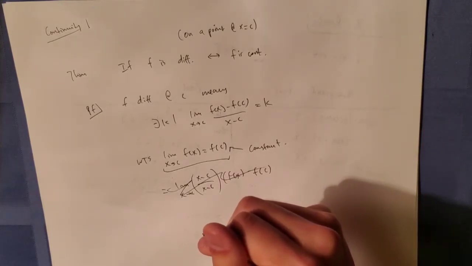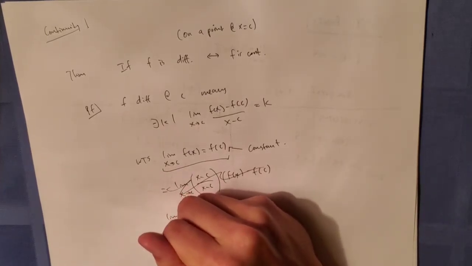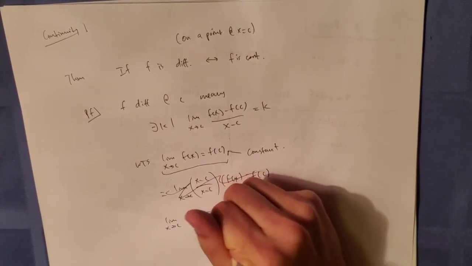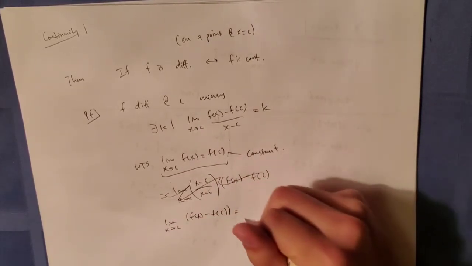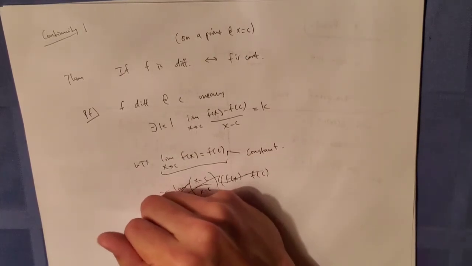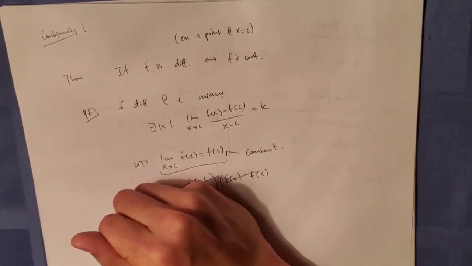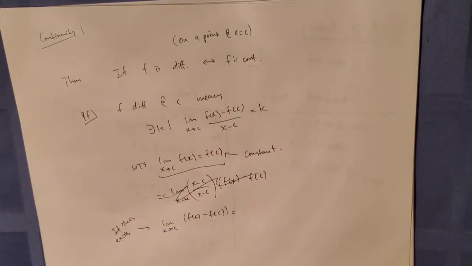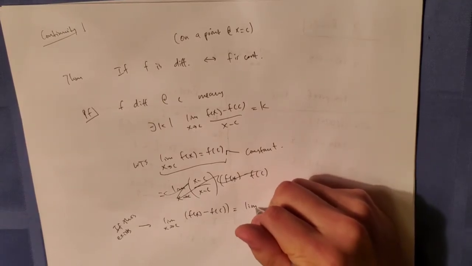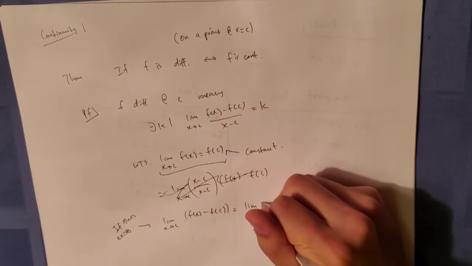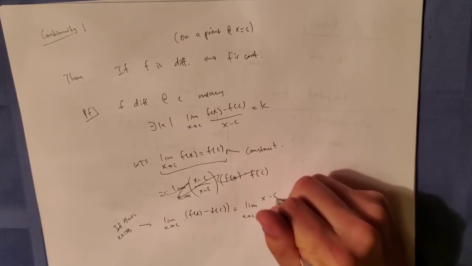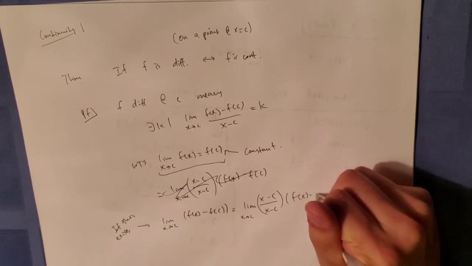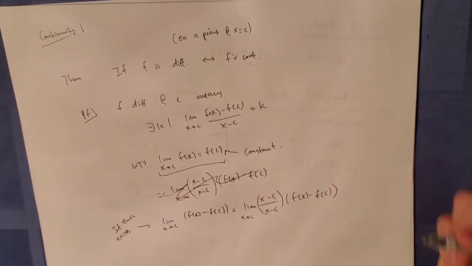We know that the limit as x approaches c of f of x minus f of c equals, if this exists, the limit as x approaches c of x minus c over x minus c times f of x minus f of c. Alright, just bear with me a little bit.